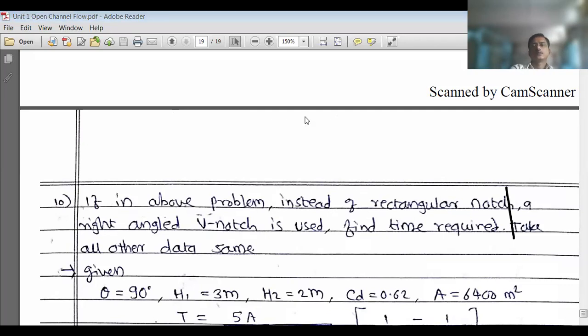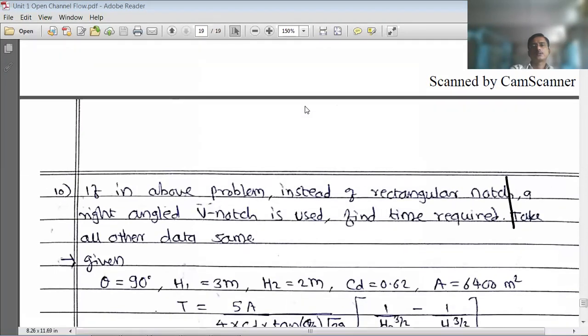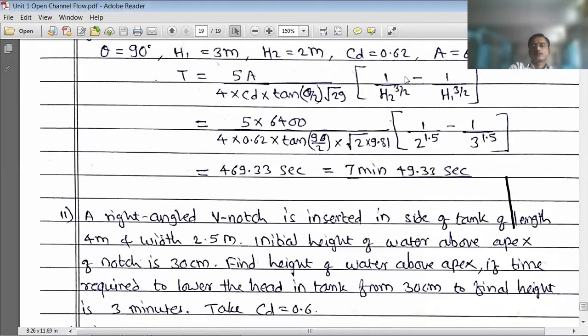Okay. 7 minutes 50 seconds. So 3 students have got the answer right now. Ambarje, then Akasheva, and Rutuja. Let me check it. 7 minutes 49 seconds.